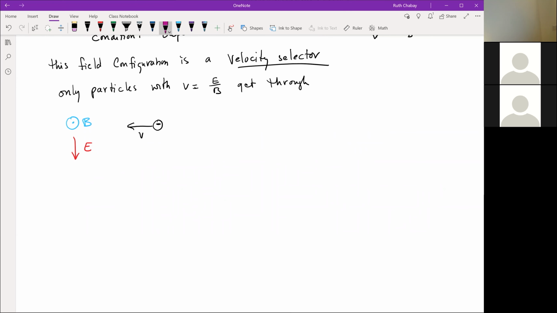Let's say that the electric field is 10^3 volts per meter. The magnetic field is half a Tesla, which is a big field. The particle is a doubly charged ion, with charge minus 3.2 times 10^-19 coulombs. So what's the speed at which the particle would travel in a straight line?